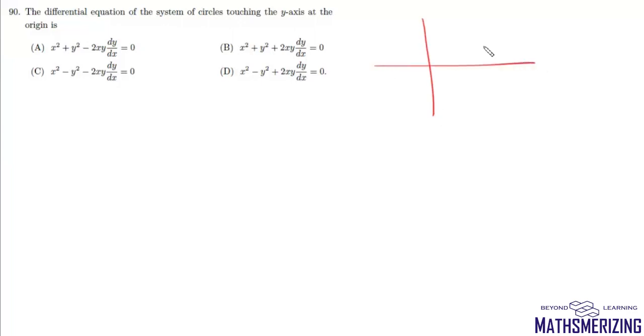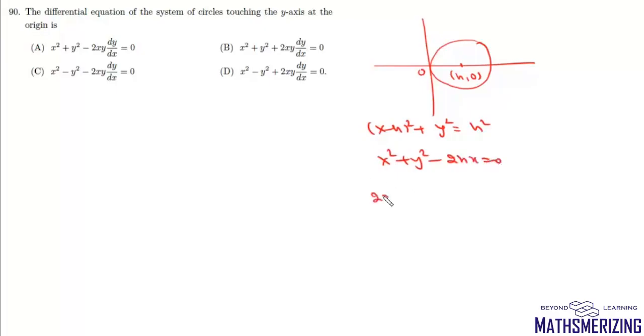So we have a circle which touches the y-axis at origin. So this is origin, and let the center be at h comma 0. So we can write this equation as (x minus h) square plus y square equals h square. So it will be x square plus y square minus 2hx equals 0. Now if we differentiate, we'll get 2x plus 2y dy by dx, and it is equal to 2h.